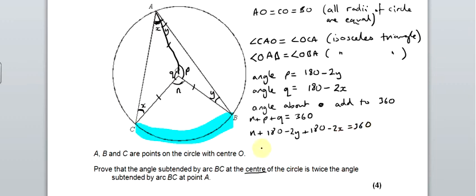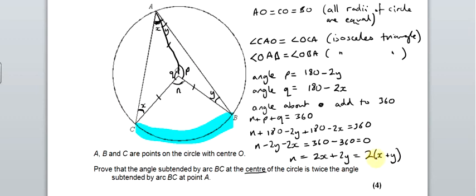So now I'm going to simplify, so N minus 2y minus 2x is equal to 360 minus 360, which is 0. That's because I've subtracted these 180s across there. So now we're going to add these across so that N equals 2x plus 2y, which is 2(x plus y), which is the angle here.